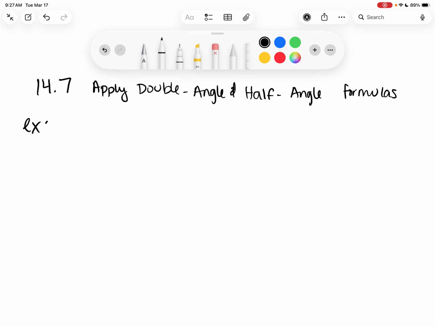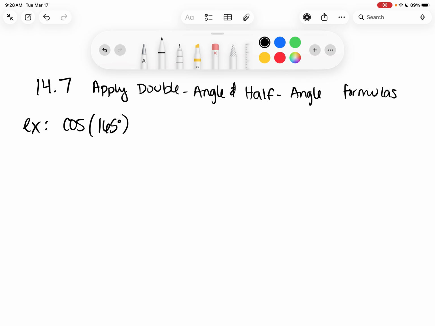All right, example. Cosine of 165 degrees. My first thing I'm always going to do is ask, is this a value that's on my unit circle? No, it is not. It says to find the exact value of the expression. Sometimes we'll be able to use the sum and difference formulas on these, but in the context of the section, we're using half angles.